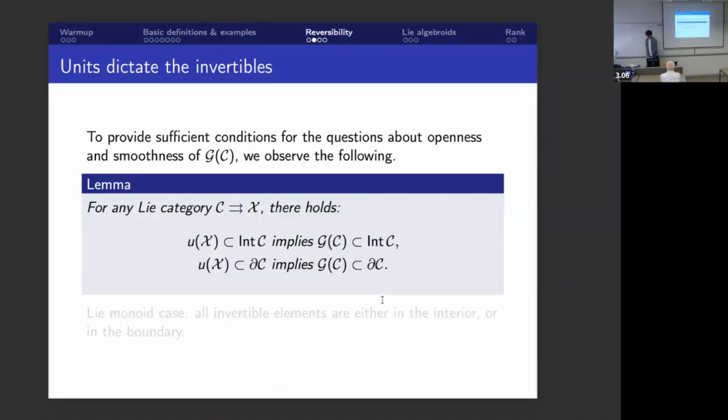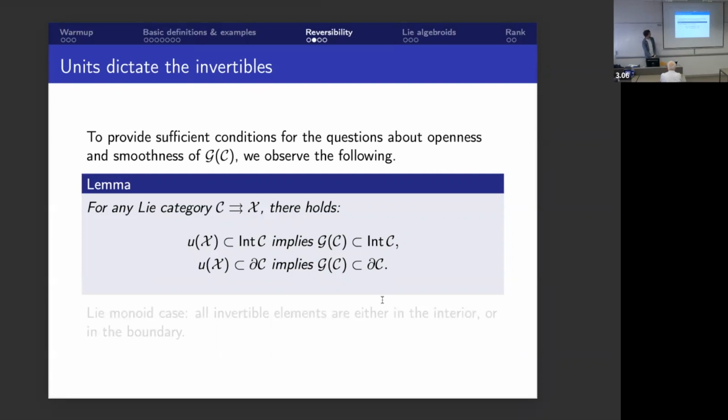So how do we progress with this? There's a very simple observation that I like to call: units dictate invertibles.